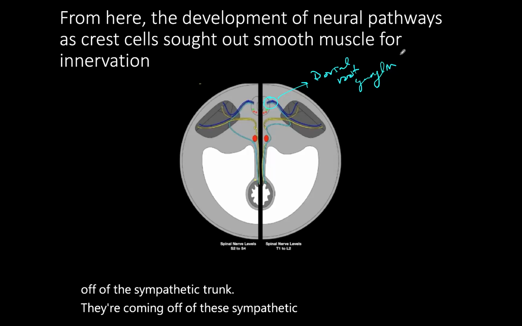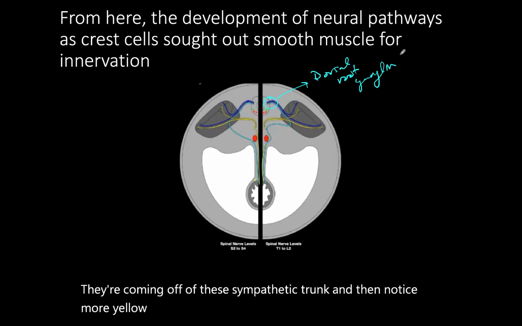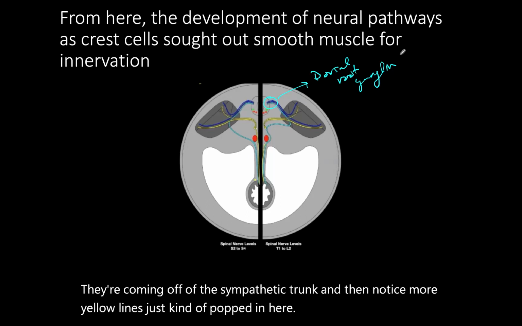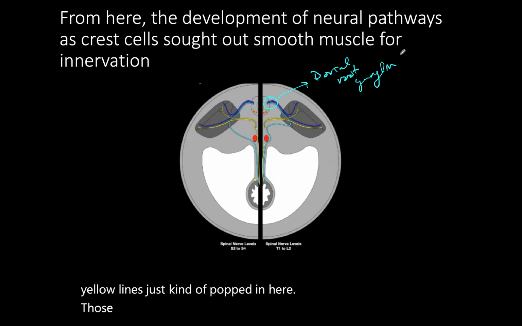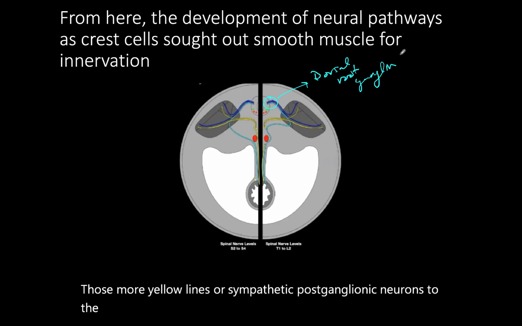And then notice more yellow lines just popped in here. Those more yellow lines are sympathetic postganglion neurons to the gut and the mesentery, vessels, because it is sympathetic.